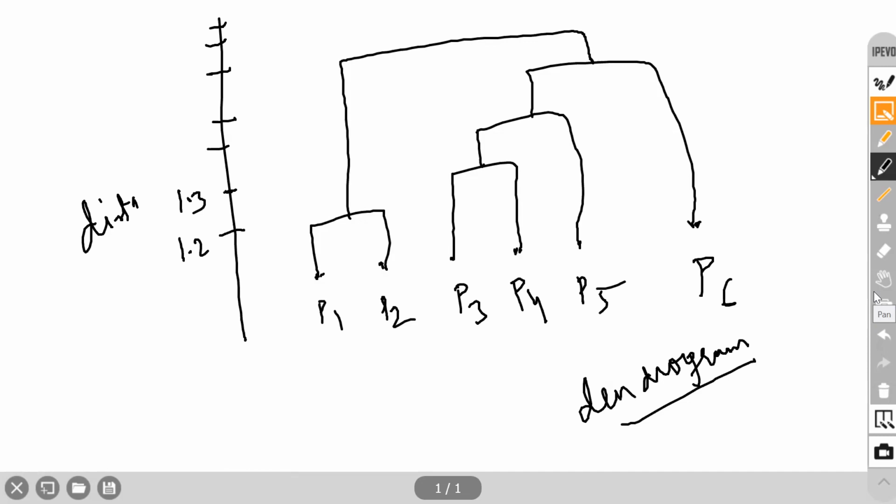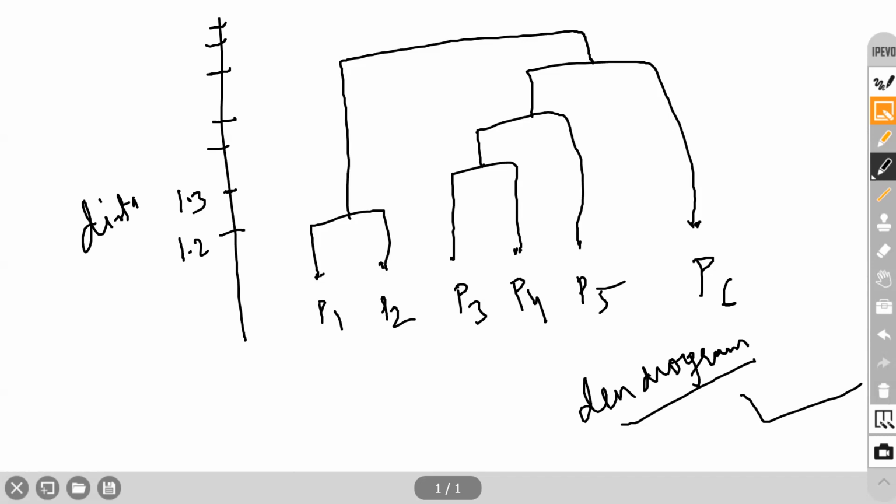Now after creating this cluster, I will view the dendrogram. If you view the dendrogram, what is the benefit you are getting from the k-means perspective? You are able to see how your data points are combining.